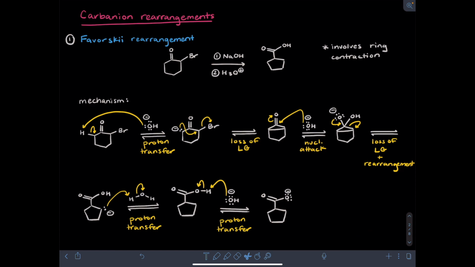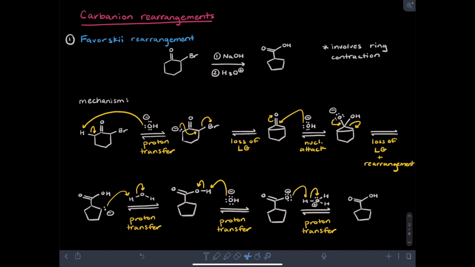This generates a carboxylate anion, and this is the form of the molecule that will be present until H3O+ is added in the second step. Once H3O+ has been added, a proton transfer can occur using the anionic oxygen as the base, and H3O+ is a strong enough acid to protonate the carboxylate anion, getting to the neutral carboxylic acid product.